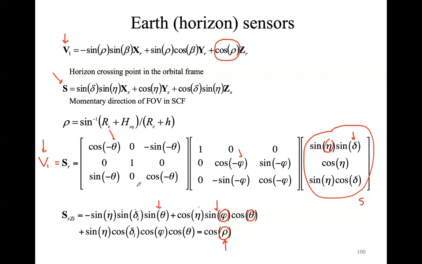So if you equalize this function here to the expression of V1 that is only dependent on rho, it means that if you have only two crossing points, you're only able to determine phi and theta if you have information about the altitude of the spacecraft.